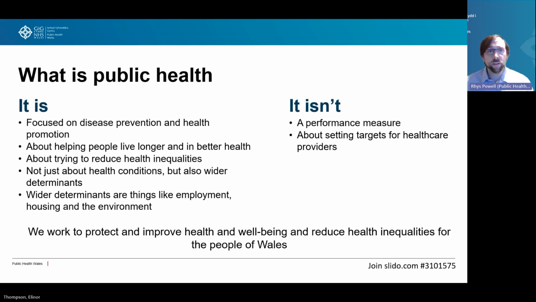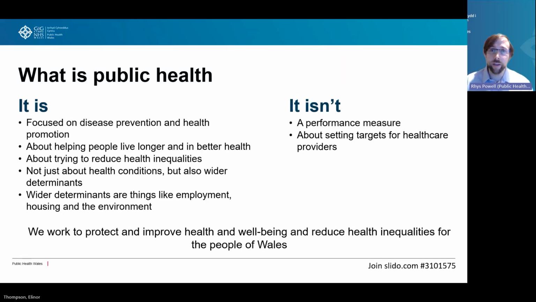So what is it? It is a lot more focused on the health and well-being of the public and how we improve it, rather than measuring how healthcare providers are doing. So it's focused on disease prevention and health promotion. It's about helping people live longer in better health and trying to reduce the health inequalities that Amy was talking about earlier. And it's not just about health conditions, it's also about wider determinants, things like your employment, housing, and the environment.